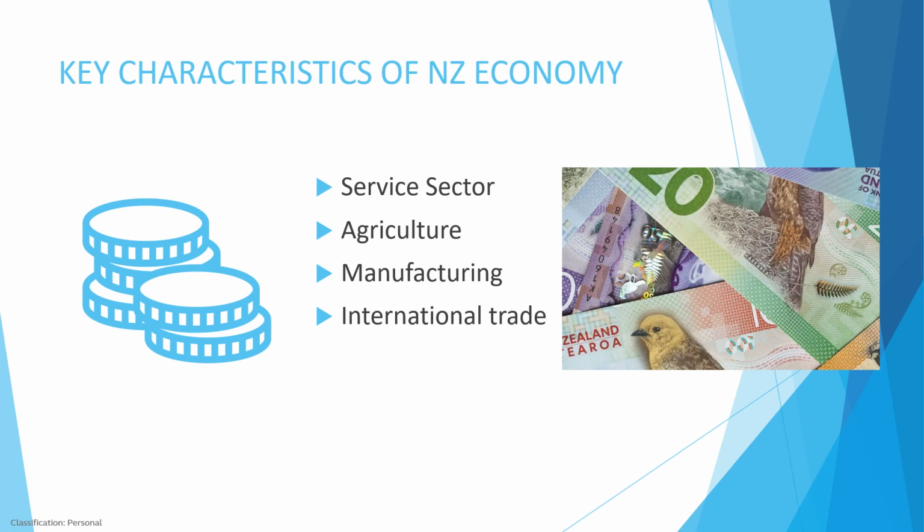New Zealand is highly dependent on international trade, with exports accounting for around 30% of the GDP. Trading partners are Australia, China, USA, and Japan. New Zealand has also strongly focused on innovation, with a growing sector and a number of government initiatives aimed at supporting innovations.